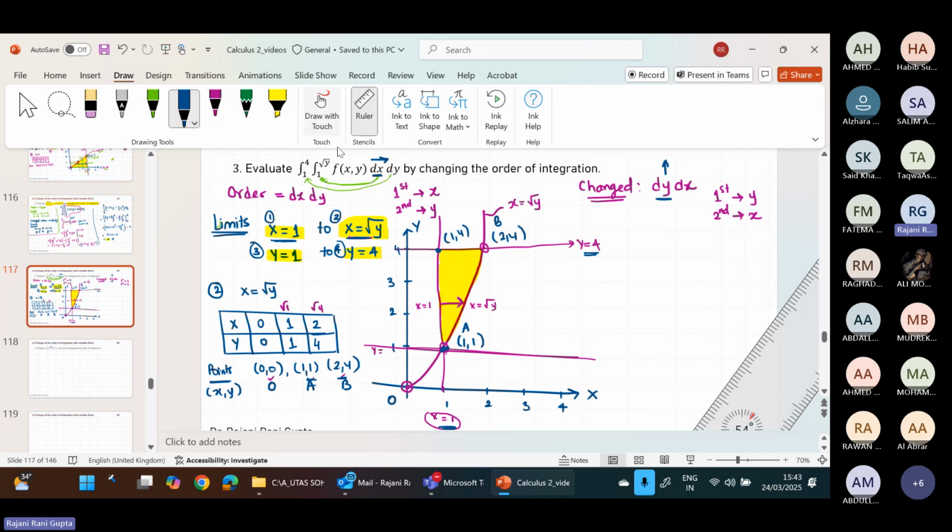Now what you want in the changed order of integration is to move vertically. When you move, you move from this curve to this line. So you need the value of y on this curve. If x is equal to root y, can I say x power 2 is y?